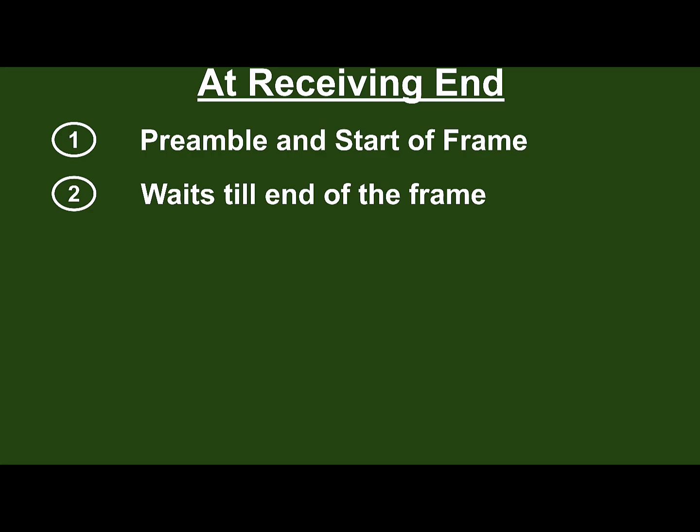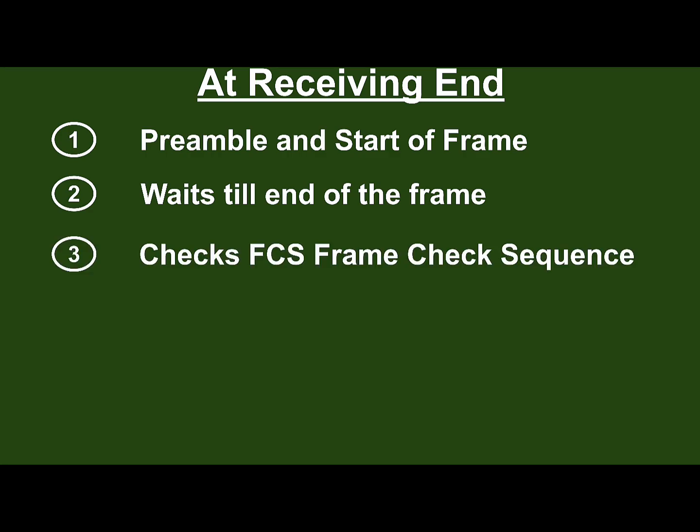One way is that it doesn't sense any signal, and then it assumes that the frame has been completely acquired, and only then does it start the processing. So it waits for the medium to be nil, basically for the medium to not be sensing anything, right? So it waits for the end of the frame.